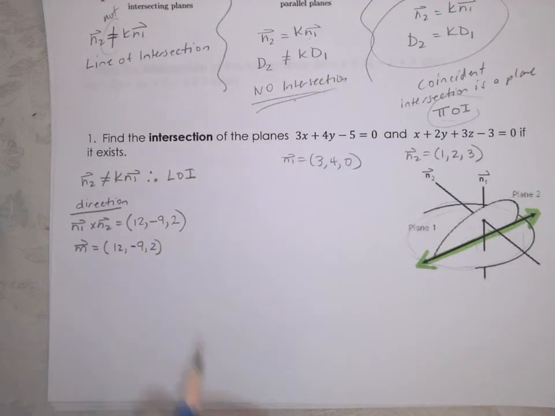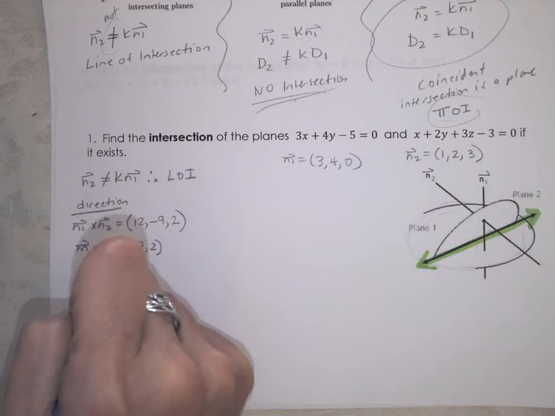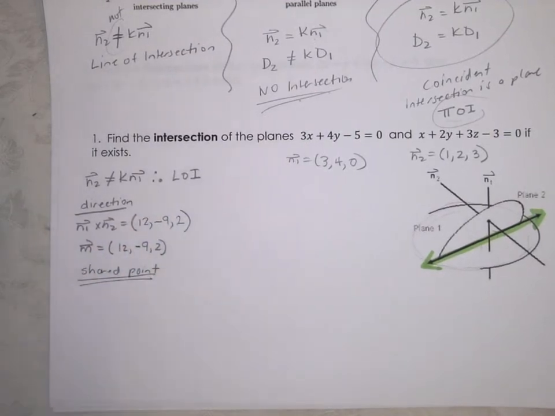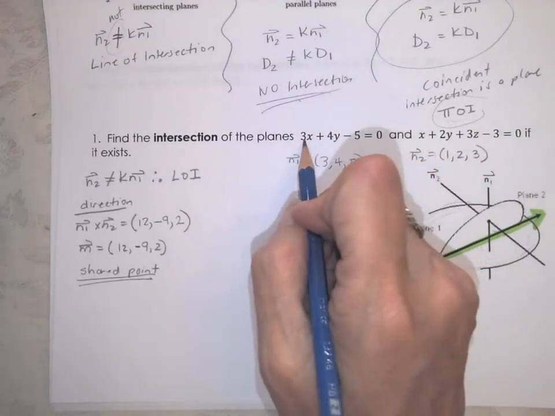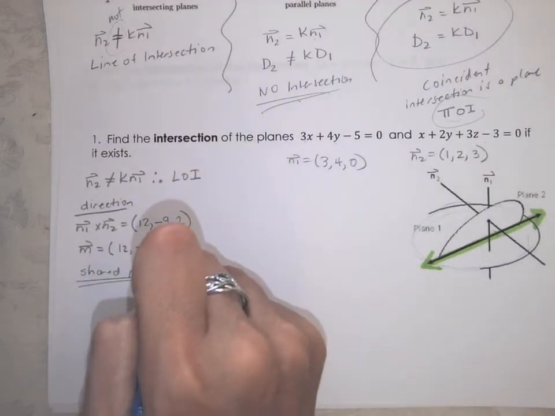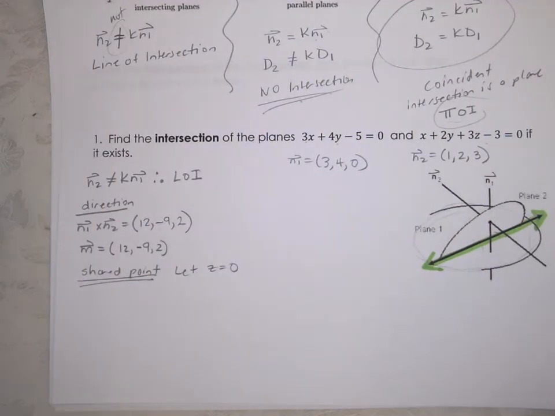So the first thing we do is find the direction of the line, and the second thing we do is find a shared point, a point that is on both of the planes. To do that, we use elimination, and because we have 3 variables and only 2 equations, we have to do a little guess here. What I usually do is let z equal 0, because in many cases there will be a shared point where z is 0.